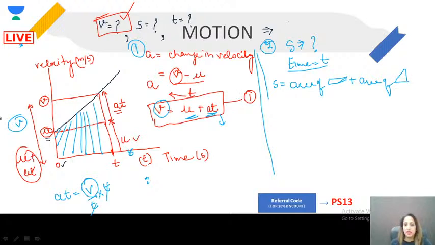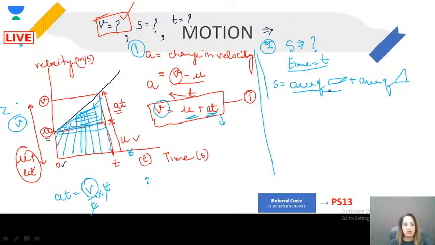That is what we have. This is a triangle, and this is a rectangle. So we have to add both the areas.